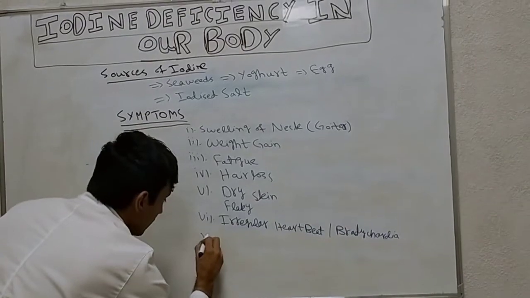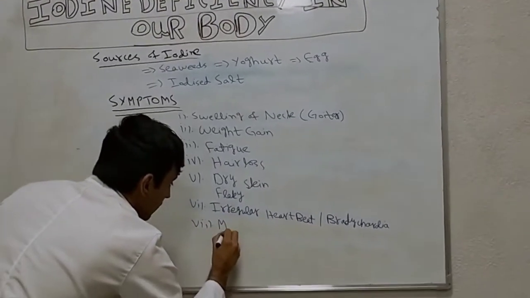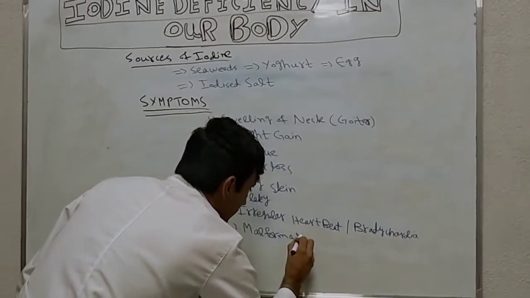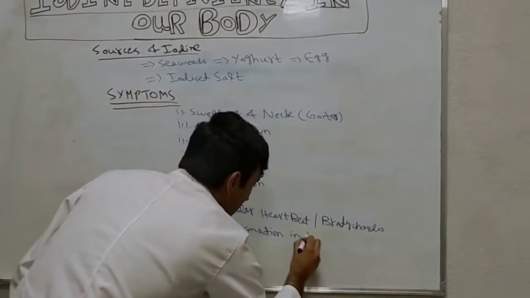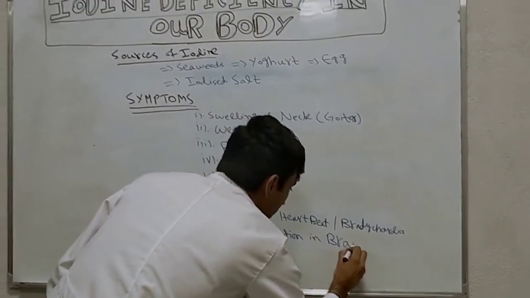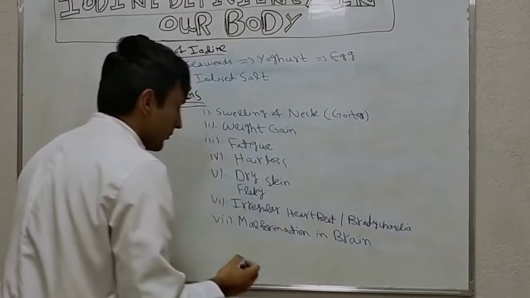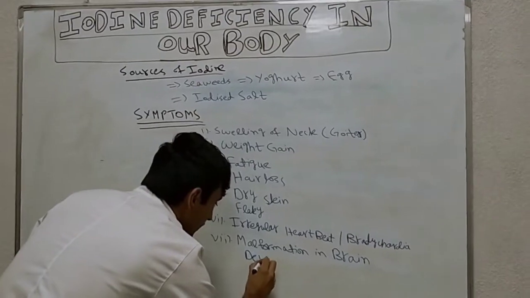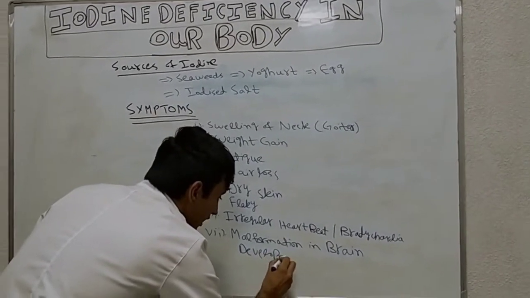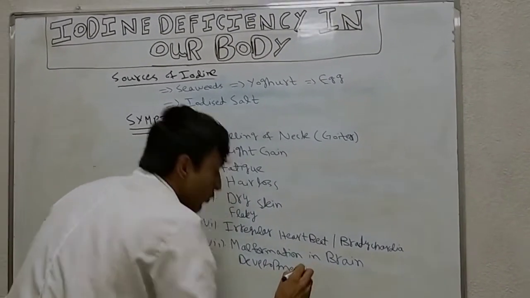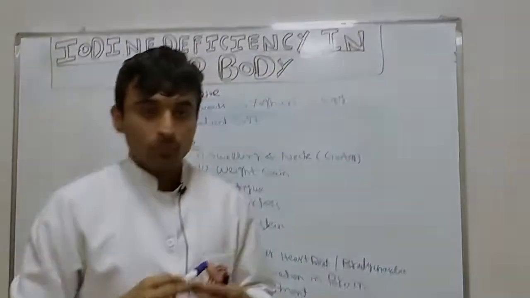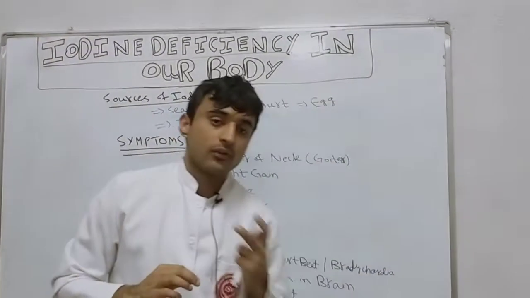And also there are malformations in brain development as well, which can cause an altered learning process. Your learning and memory would be affected, because the hippocampus is responsible for maintaining long-term memory, so it requires thyroid hormones.